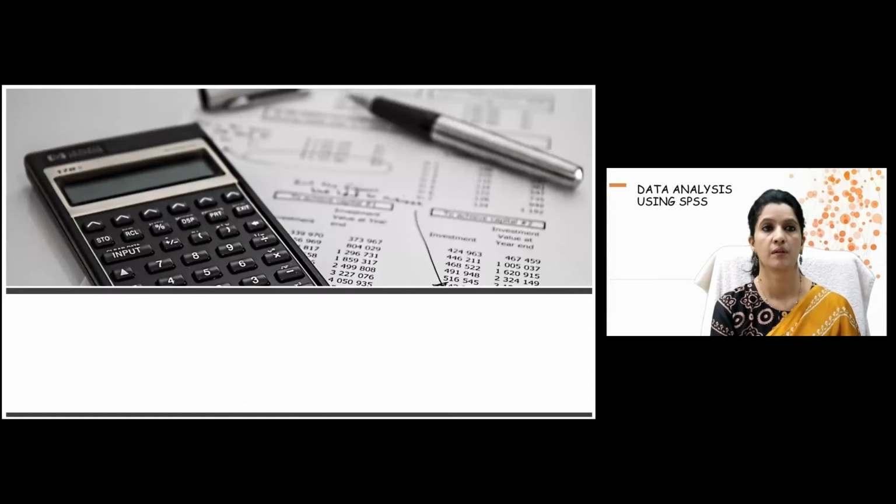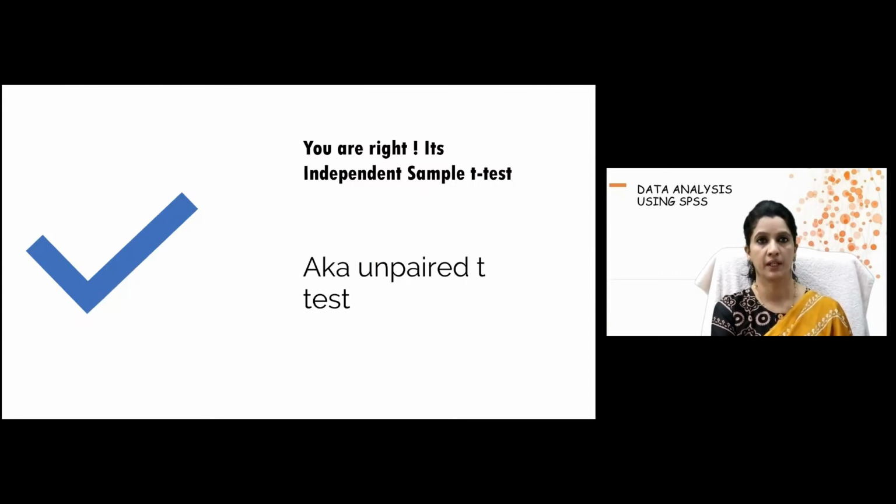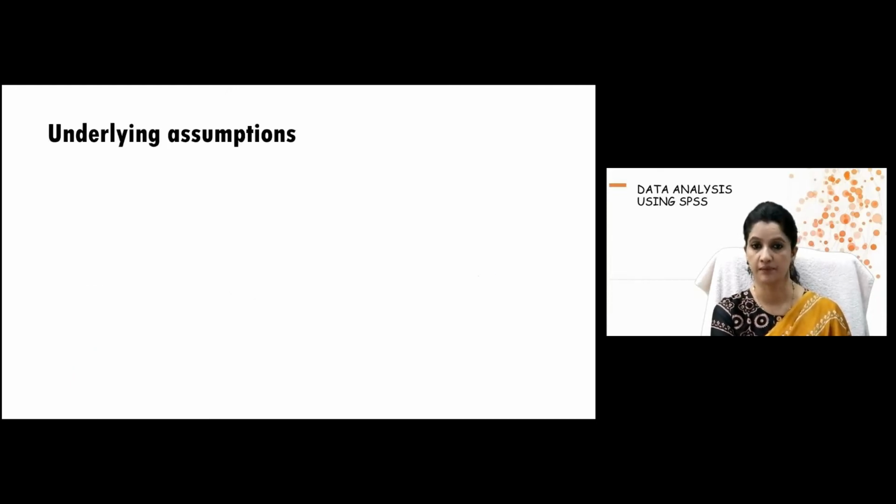So the appropriate statistical test would be a test which checks the difference in the average score across a binomial variable, and the choice of the test in this case is the independent sample t-test, also known as the unpaired t-test. Other names of the independent sample t-test are the student t-test, unpaired t-test, or between subject t-test.